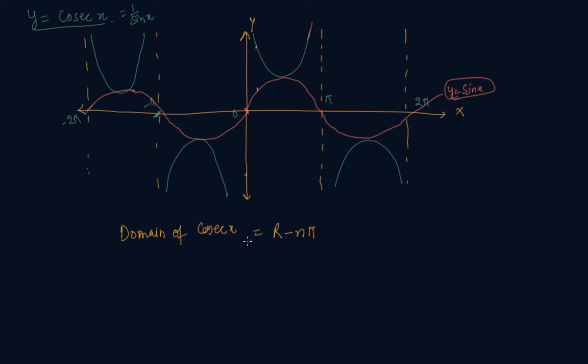This means the domain of cosecant x is the real numbers minus n pi, where n is any integer, and the range of cosecant x is minus infinity to minus 1, union 1 to infinity.